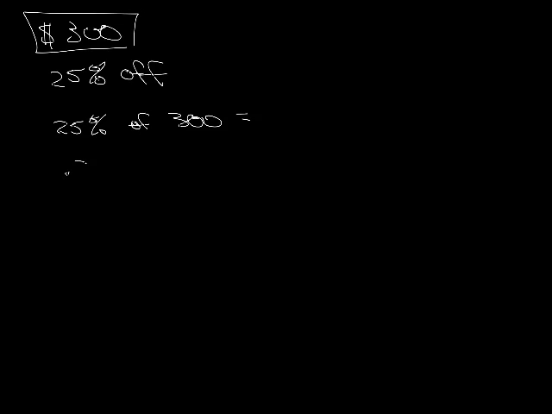So 0.25 times 300 is going to be $75. So that's how much we got off of the suit. 25% of $300 is $75 off.